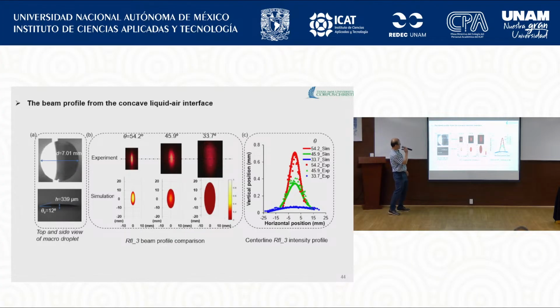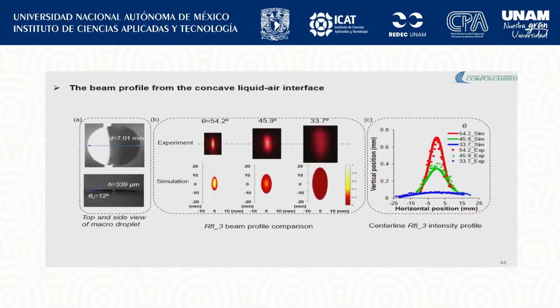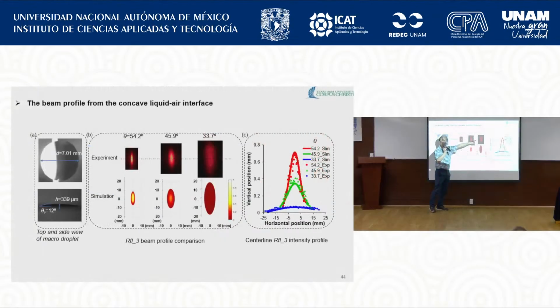Now this one shows the beam profile for our experiment. Now here this is the real experiment. This is an expanded beam. Another one is here. The droplets all have a convex profile. Okay, they don't show any fringe. They all show continuous expanded light.